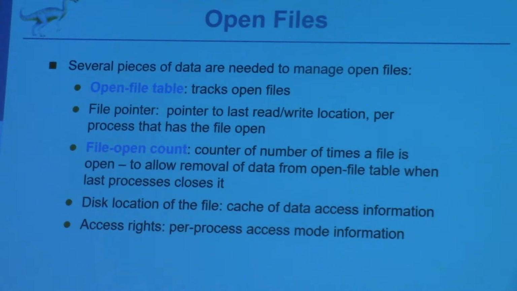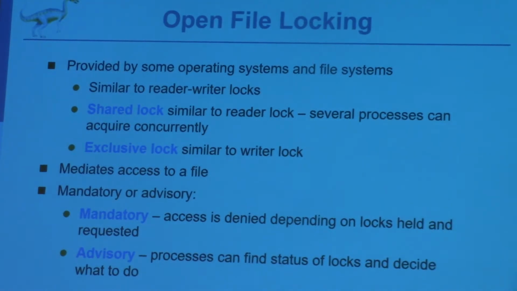Okay, then the disk location. As I said, when a user accesses the file, you do not know where exactly the information block is located. Instead, your file system knows how to access such data. And we will also see the permission. So there are two types of lock. One is a shared lock, another is the exclusive lock.